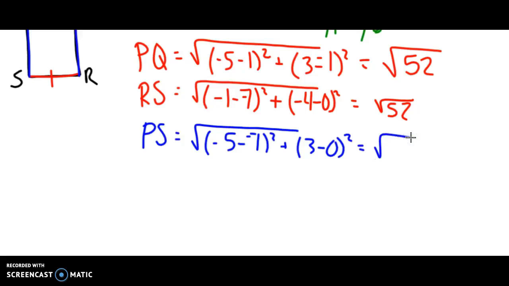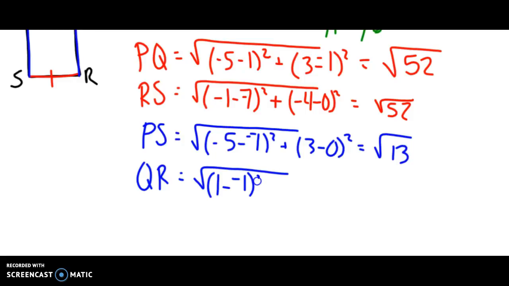Put that all into my calculator and it simplifies to the square root of 13. Now let's find the length of QR. 1 minus a negative 1 squared plus negative 1 minus a negative 4 quantity squared. Put it in my calculator, I get square root of 13.